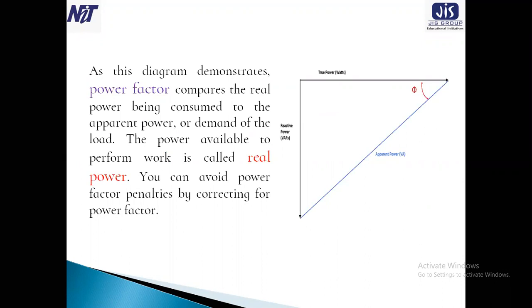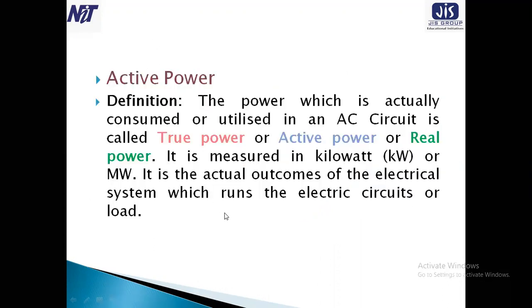Here in this diagram, this is the reactive power, this is the true power. The vector summation of these two is the apparent power. So if the angle is phi, then the ratio of true power and apparent power is called the power factor. In this way, we can also understand the power factor.